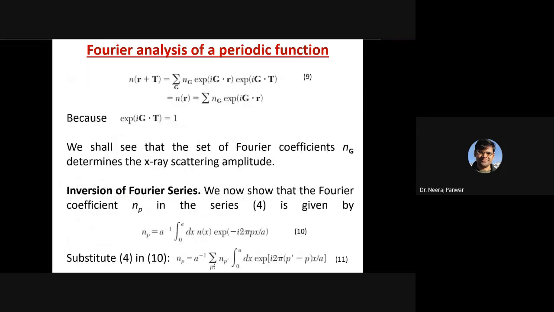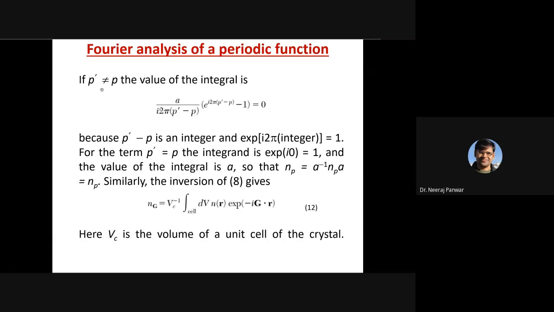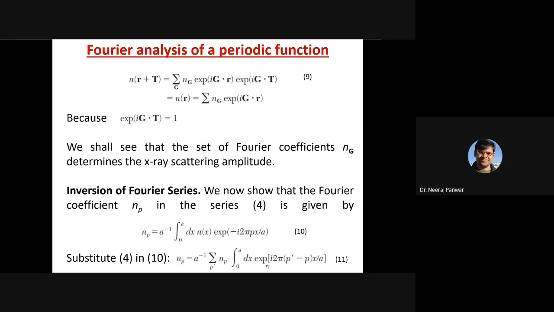So summation is over p prime, and integral dx exponential i2π(p prime minus p)x upon a. Now, if p prime is not equal to p, the value of the integral is the integral of e to the power i some integer times x. You know how it is calculated.